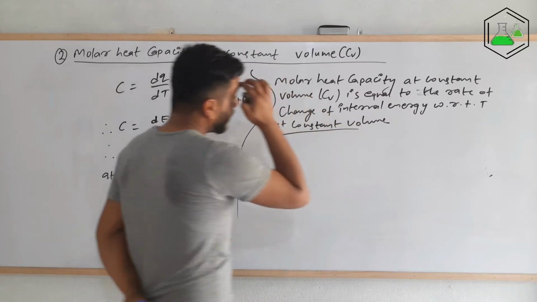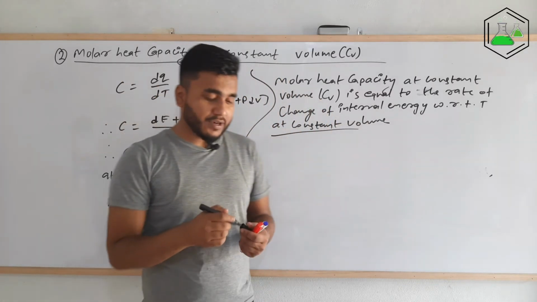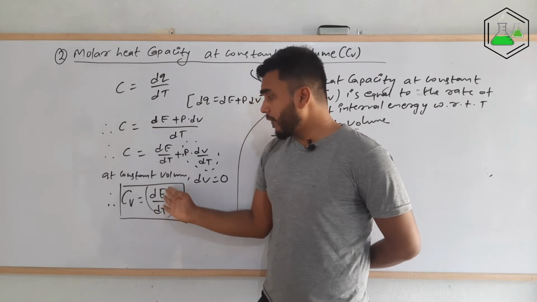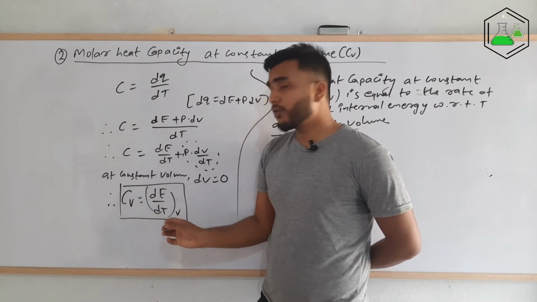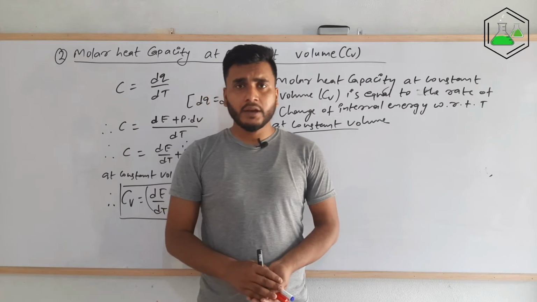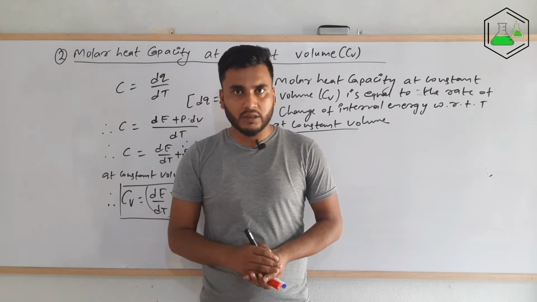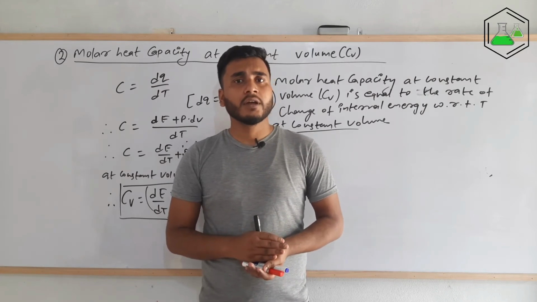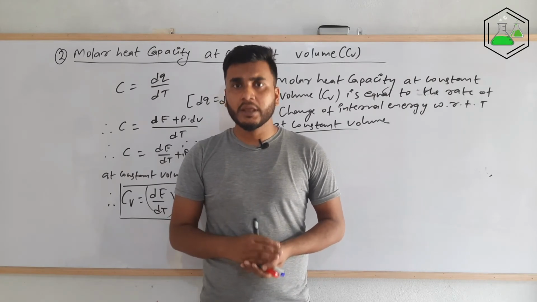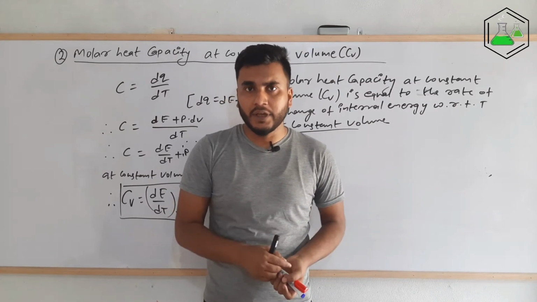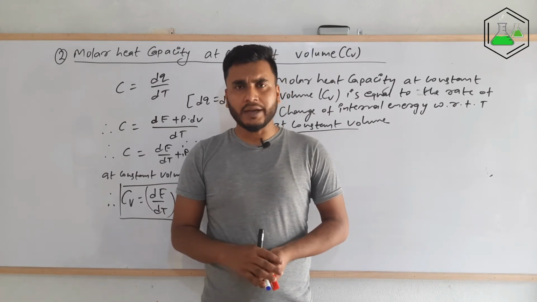So this is the definition of molar heat capacity at constant volume. That means it is the rate of change of internal energy with temperature at constant volume, right? Now we know what molar heat capacity at constant pressure actually is. We know what molar heat capacity at constant volume actually is. Now let's see the relation between Cp and Cv, if there is any relation among them.